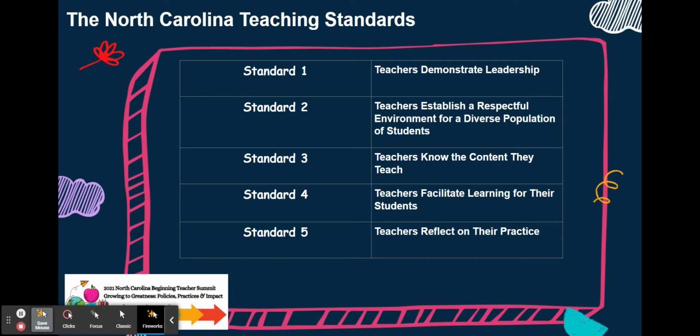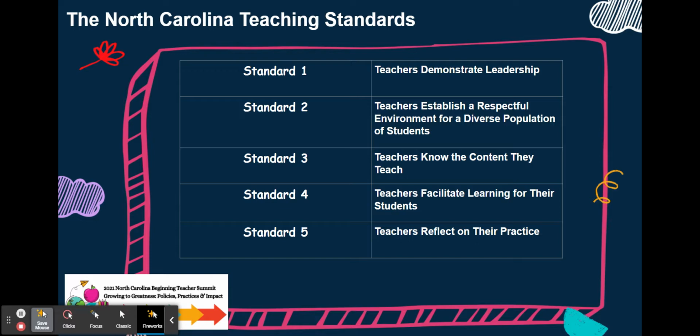As we move along, one of the main focuses for me, and I feel for any educator, is being aware of what the teaching standards are. I myself was a BT, and over time I have grown to learn a lot about these standards.